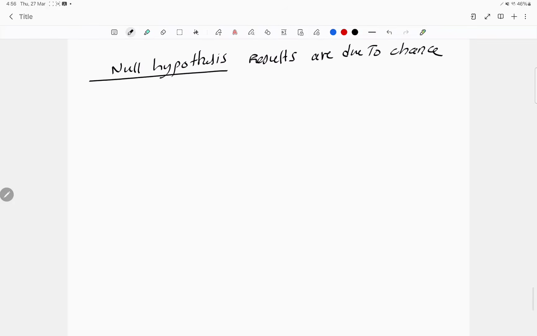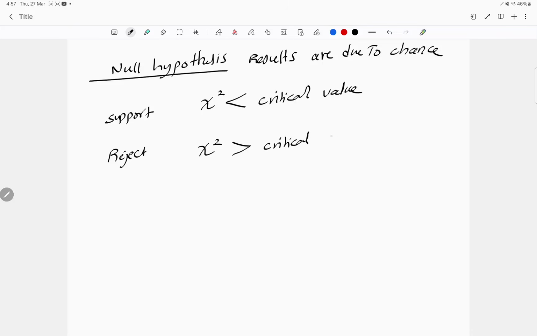Now, we can support null hypothesis or we can reject it. You should do a chi-square test. If it's less than the critical value, you support null hypothesis that there's chance, right? And if you reject it, that's your chi-square value bigger than your critical value.